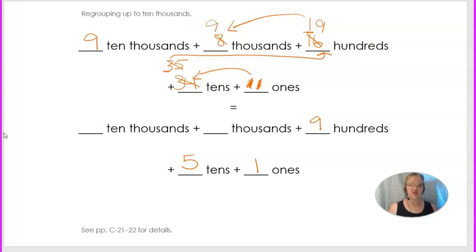We only have 1 digit in this place, so we can just copy it down here. And we have no more regrouping to do, so we're left with 9 10,000s there. So writing out this number in standard form, we would have 99,951.